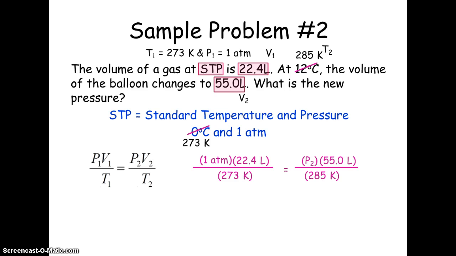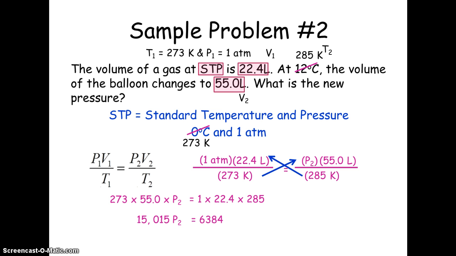Next, to solve this, we want to cross multiply. So we have 273 times 55 times pressure 2 on one side is equal to 1 times 22.4 times 285. Now we want to try to get pressure by itself, so our first step is to multiply these numbers together. We know we've got 15,015 times pressure 2 is equal to 6,384.